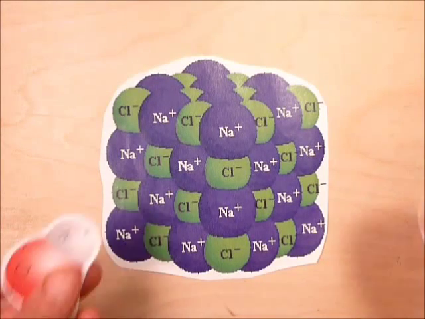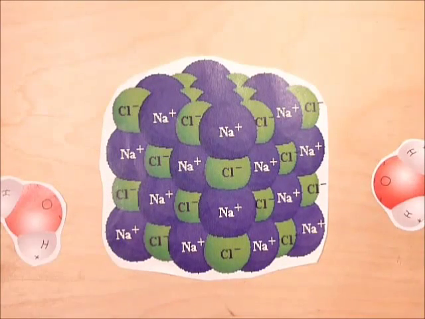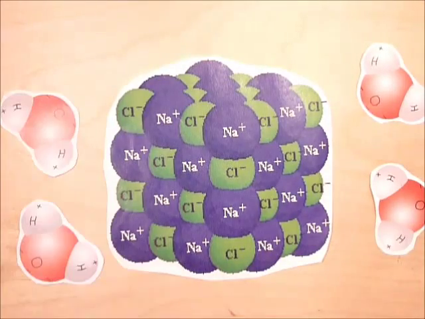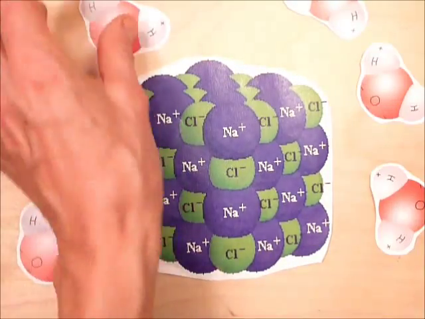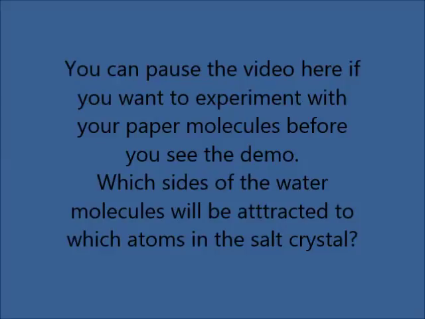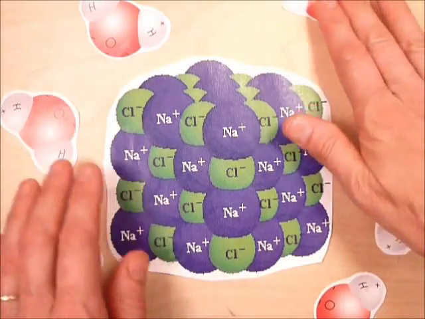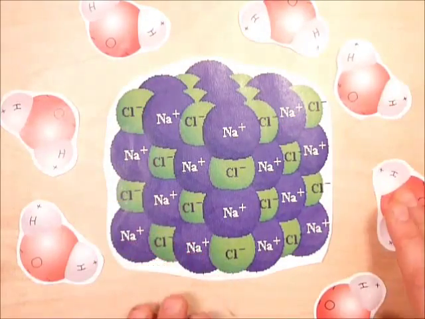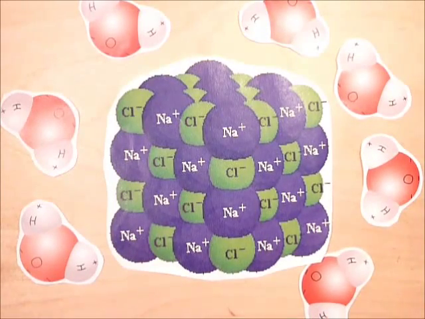What we need to do is get some of these waters out here. Put them around here and see what happens. Okay, they call water the universal solvent because it dissolves things. Let's see if it can dissolve the salt crystal.